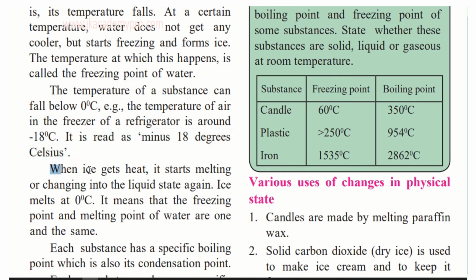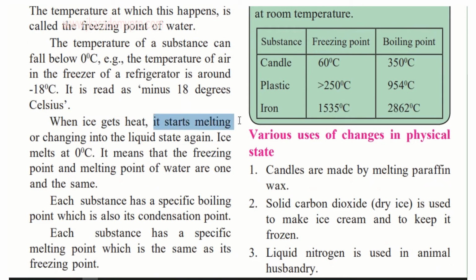Now, when ice gets heat, so again, when we take the ice cubes out, isn't it? So the cooling process has now stopped. It is not cool, but the warm air outside starts melting it. So when ice gets heat, it starts melting or changing into liquid state again. So ice melts at 0 degrees Celsius.